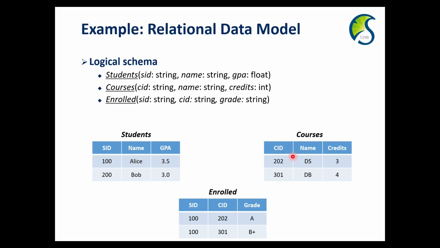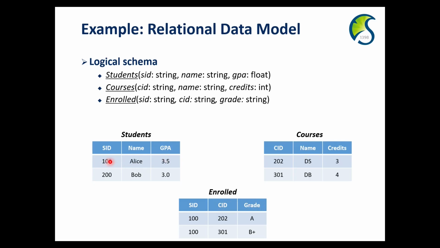And once we define three different relations, for each relation this is a schema. The student schema is SID, name, and GPA. The schema for courses consists of CID, name, and credit. Similarly, the schema for Enroll is SID, CID, grade.